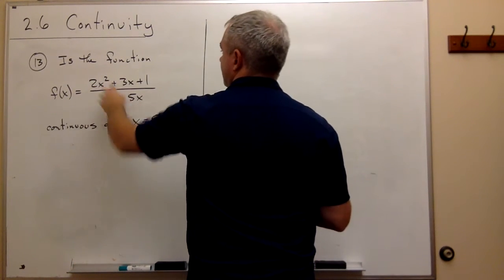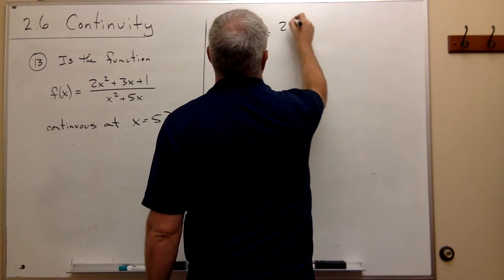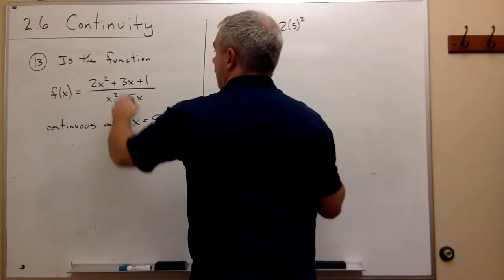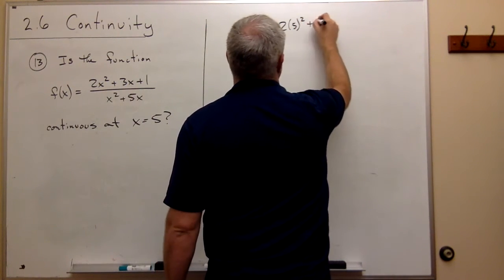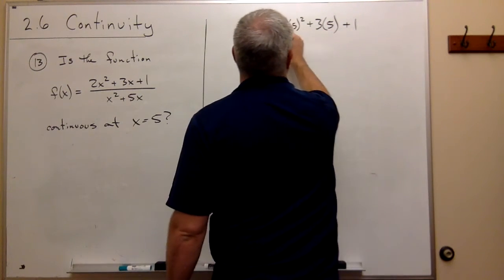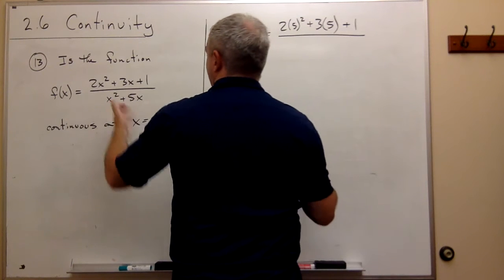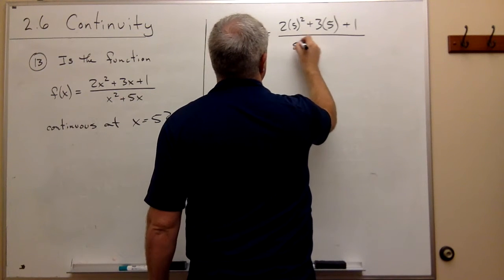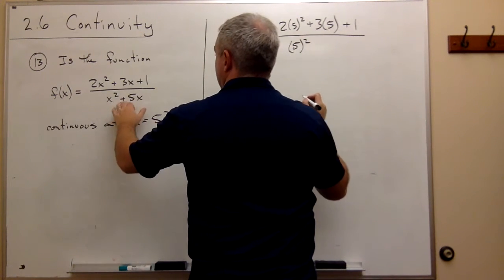Well, I get 2 times 5 squared plus 3 times 5 plus 1, divided by 5 squared plus 5 times 5.